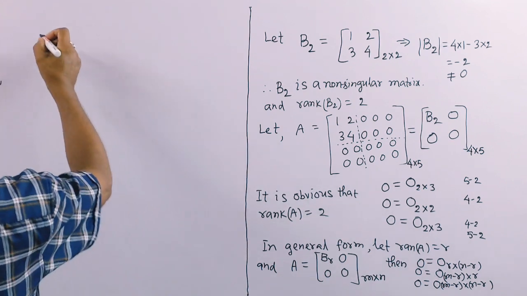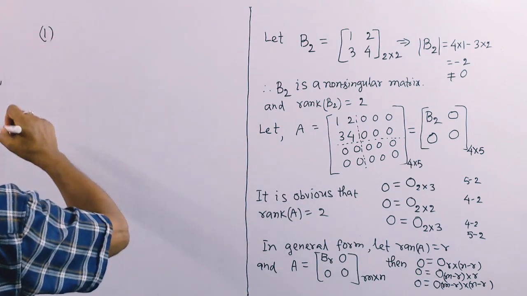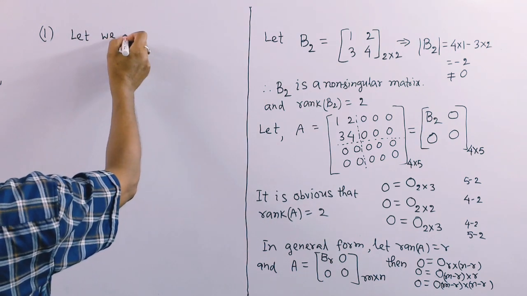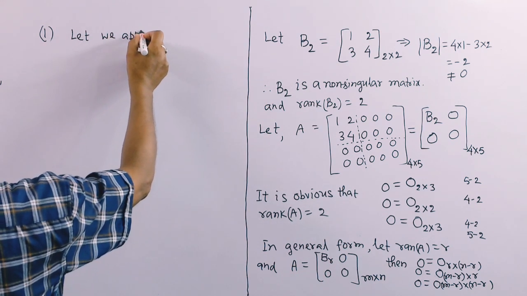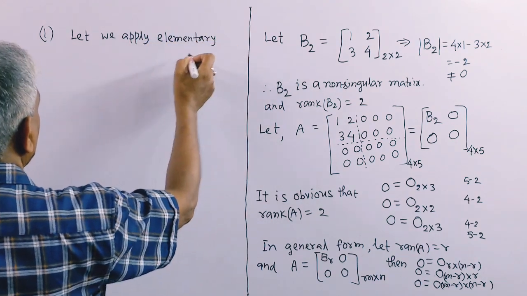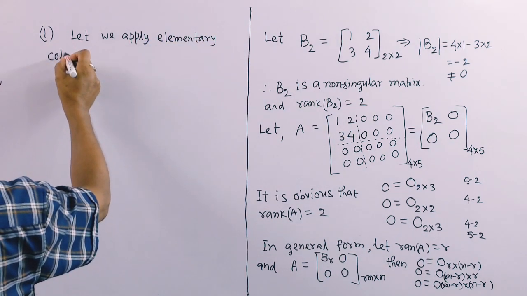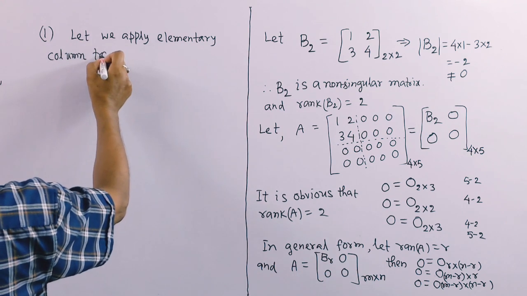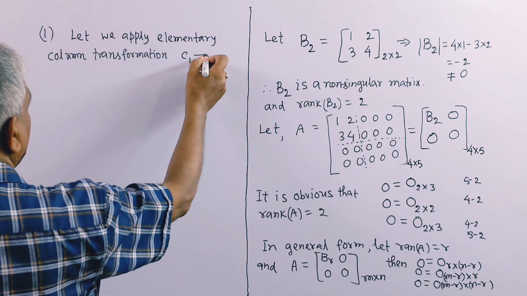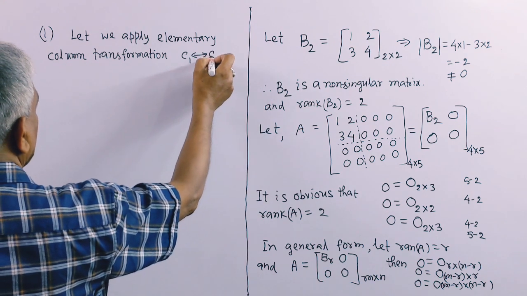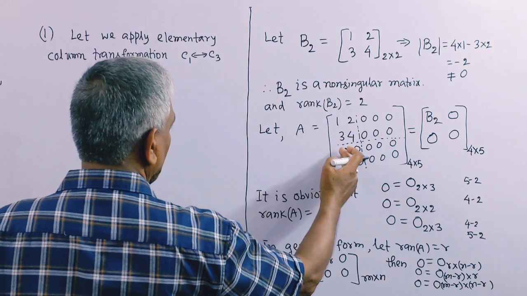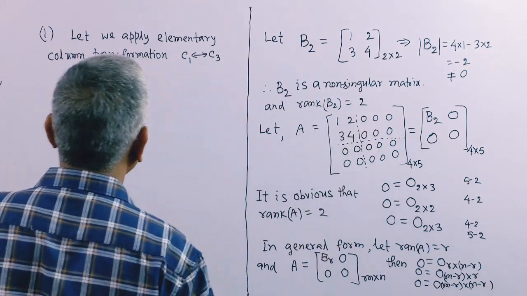Number one, let us apply the elementary column transformation C1 to C3, which means we mutually interchange column 1 and column 3.